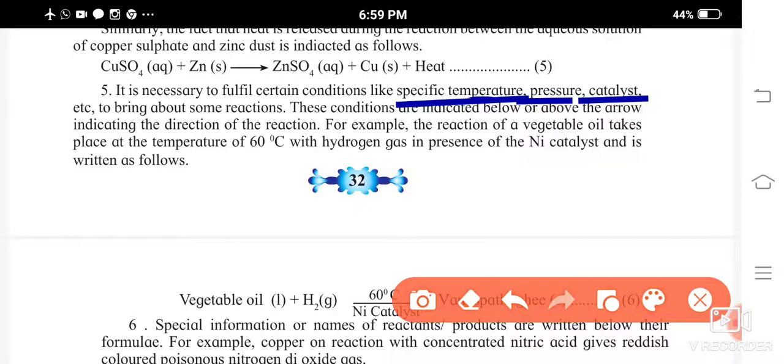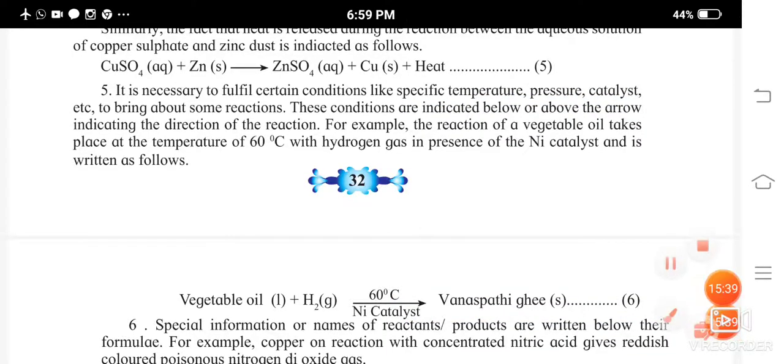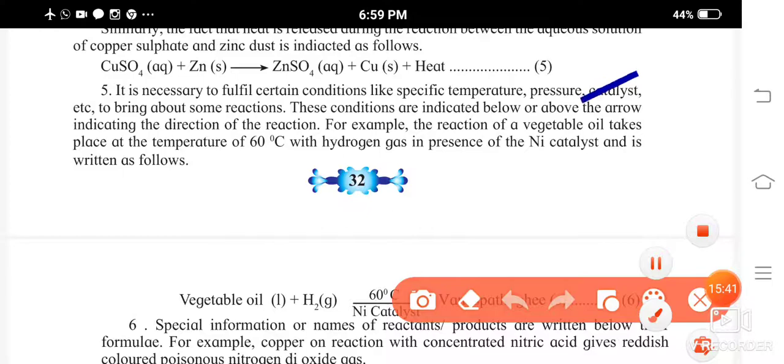Now what is this catalyst? A catalyst is a substance which is going to speed up the reaction without itself taking part in the reaction. This catalyst is not going to take part in the reaction, but in its presence the reaction is going to take place very fast, or it might speed up the reaction.